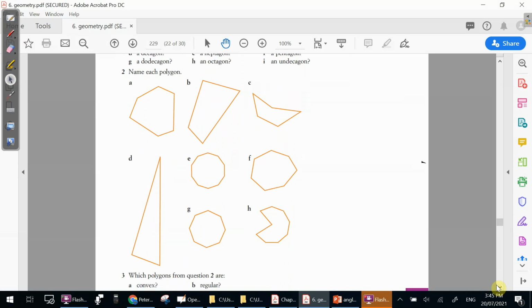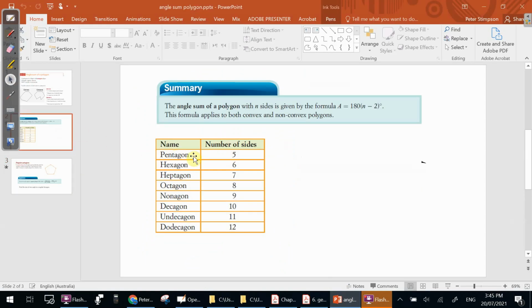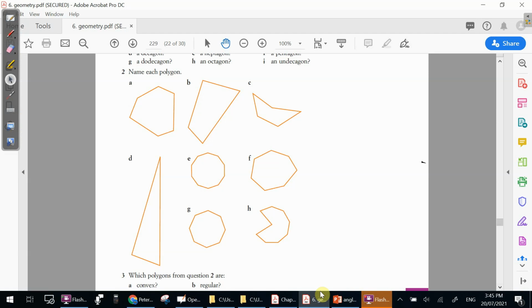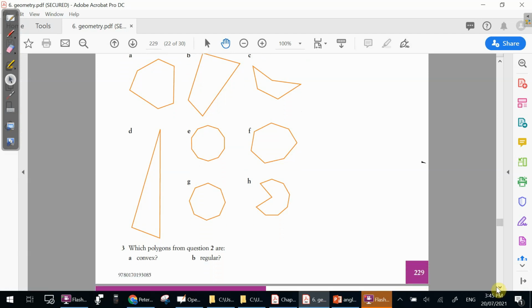So just count the number of sides, and according to our PowerPoint, once you've numbered the sides, you'll be able to name it. And then question 3, which of these polygons are convex, which means all angles point outwards, and which ones are regular. So every angle in the polygon is equal.